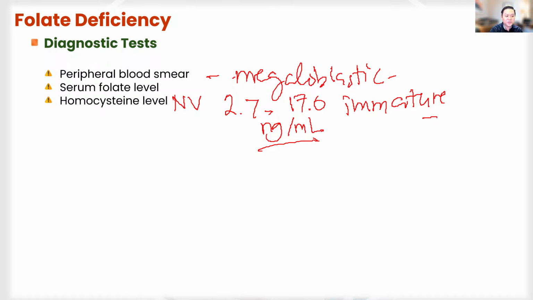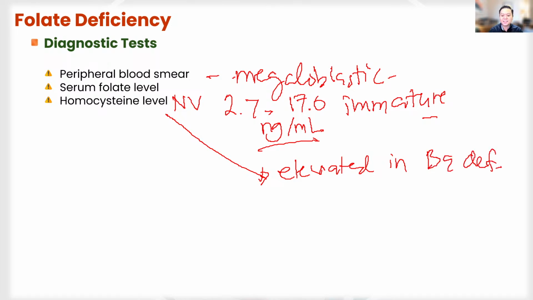And this is going to be elevated in vitamin B9 deficiency. And of course, this is going to be tested, and we have our normal range for that. Supposedly, the normal value will be 5 to 15 micromoles per liter.